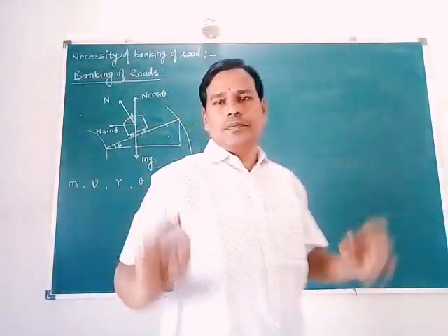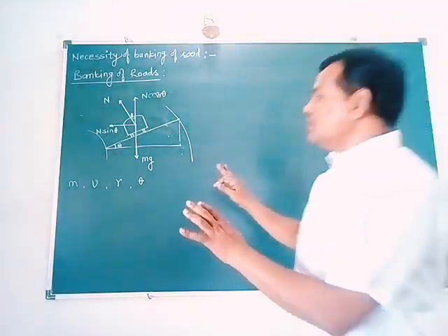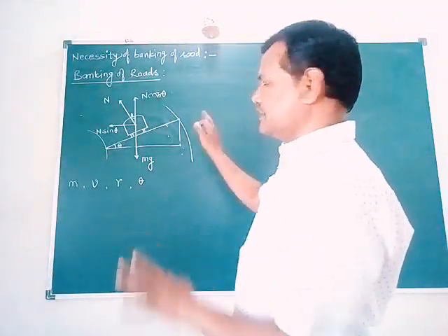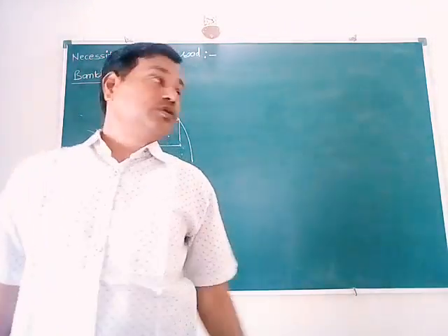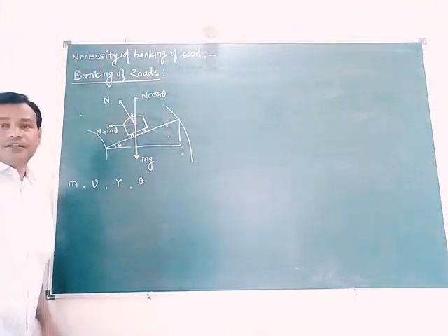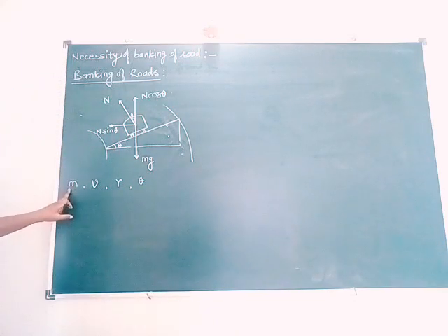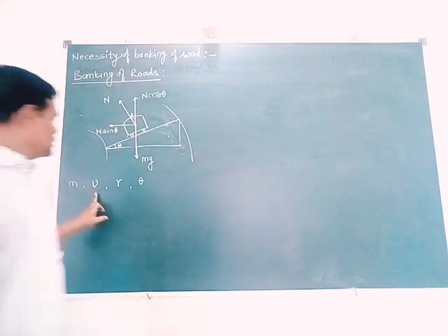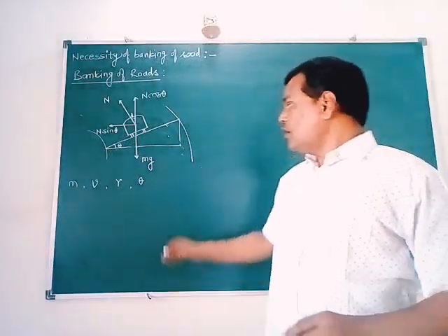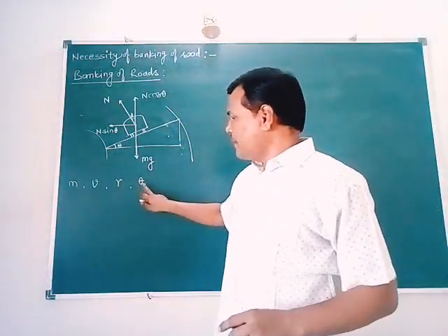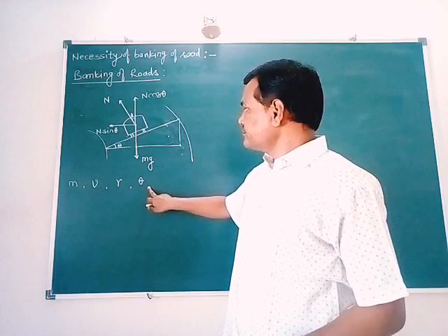Now the figure is completed. For optimum speed, एक limiting speed जे असते त्याचे मॅक्सिमम स्पीड साठी ही फिगर आधी कंप्लीट झाली. काय काय झालं बघा. Consider a vehicle of mass m moving with velocity v on curve road of radius r banked at an angle theta.